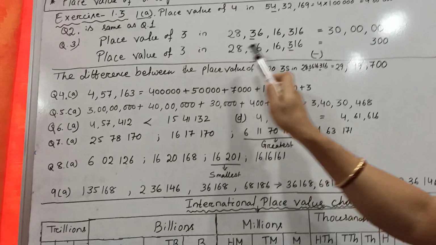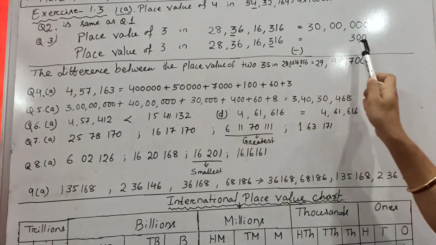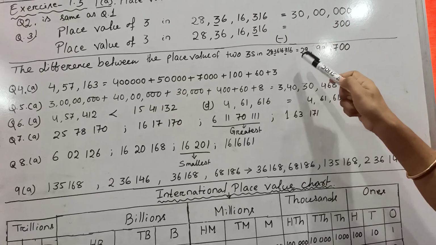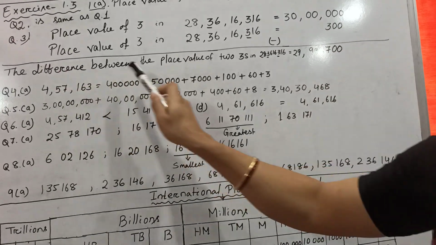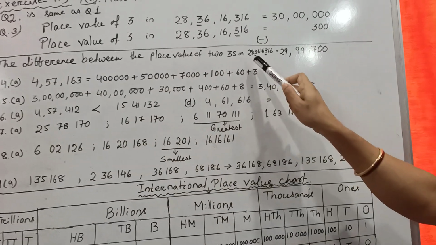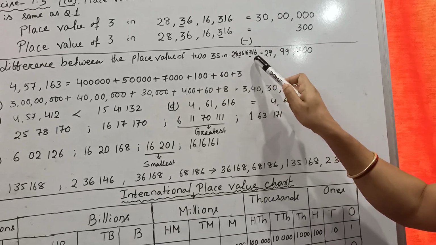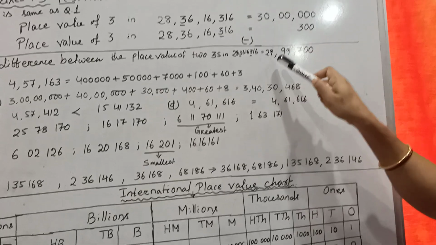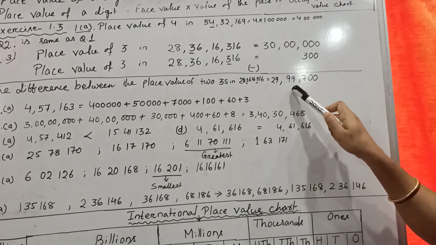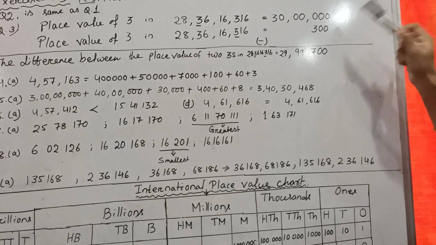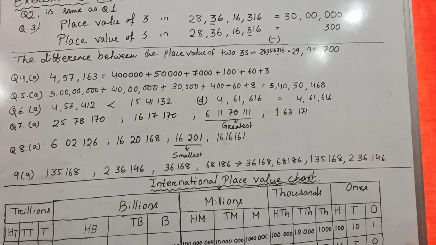Then place value of the second 3 is 300. Now find the difference between the place values of these 2 threes. The difference is 29 lakh 99,700. This is your answer.